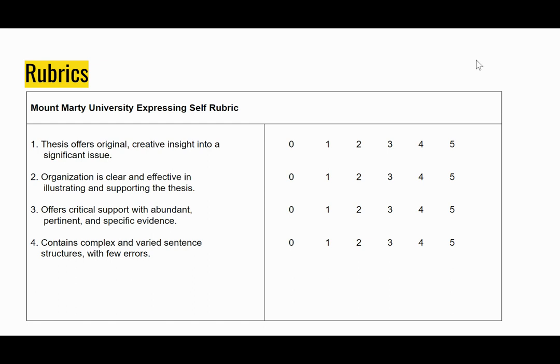You do have a thesis when you're talking about how this is going to help me. So do you organize it to explain to your reader clearly how it helps you? You don't need a lot of critical support, but a little bit would be useful. And again, good sentence structure, avoid the errors, and we'll go from there.